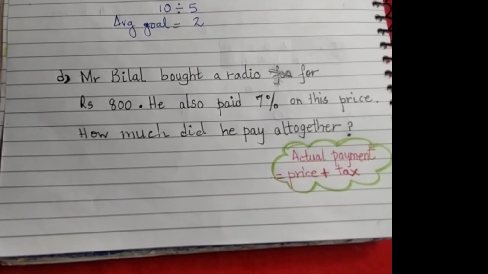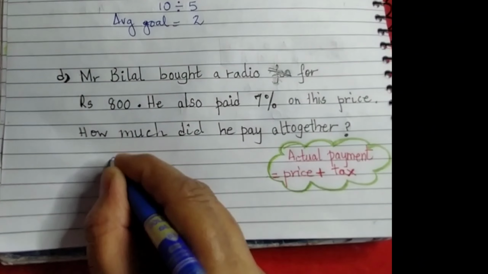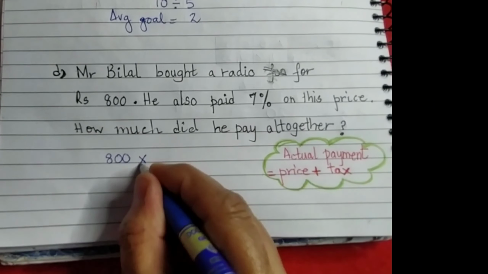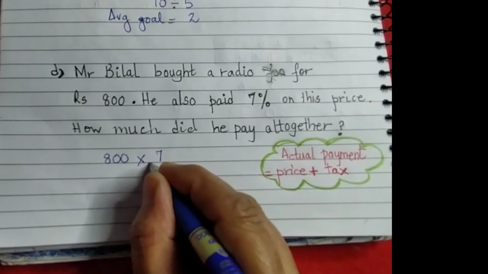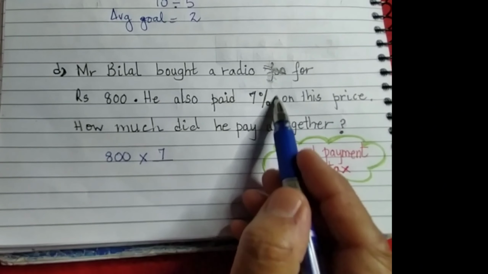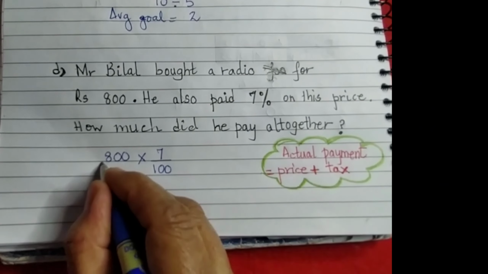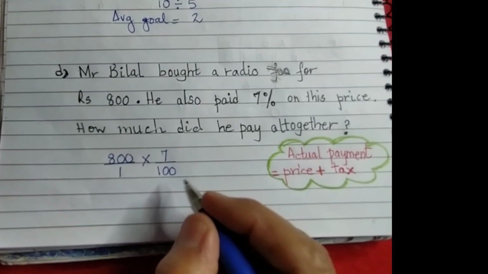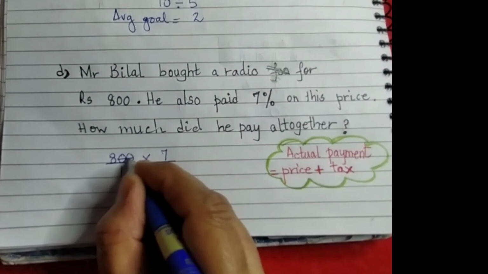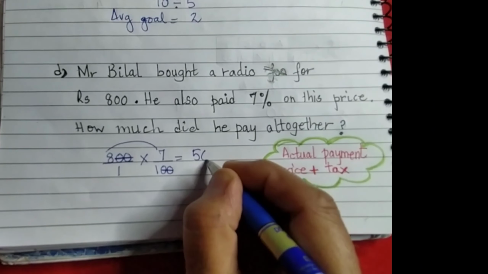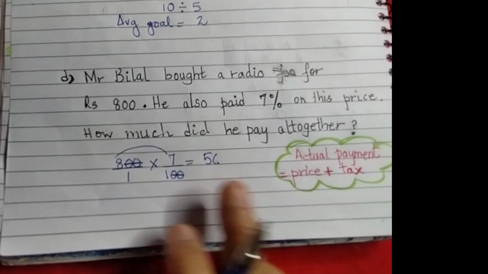So this is actually 800 is the cost of the radio. 7% means, always remember, when you see the sign here, children, always write the fraction this way. Okay, there's no such denominator, just write this down. Cut off the zeros and cut off the 2 zeros from here. 7 8s are 56. So how much is the tax? 56.